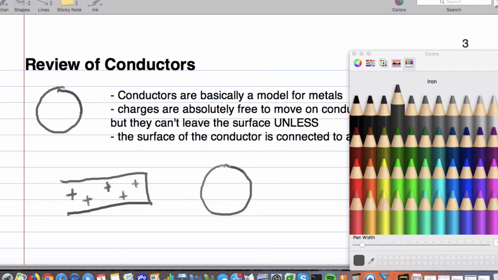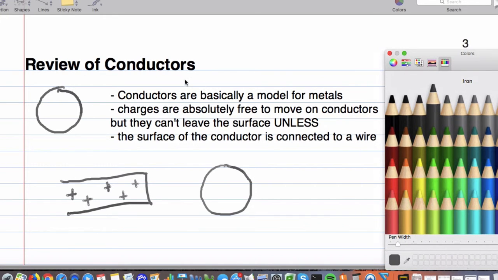What's going to happen is that this completely neutral conductor that has a perfect mix of positive and negative charges, well, the charges are free to move on the conductor, but they're not going to leave the surface. So the opposite charges on that conductor see these positive charges here, and they all line up to want to be close to that surface, and then all these positive charges get pushed to the other side like that.